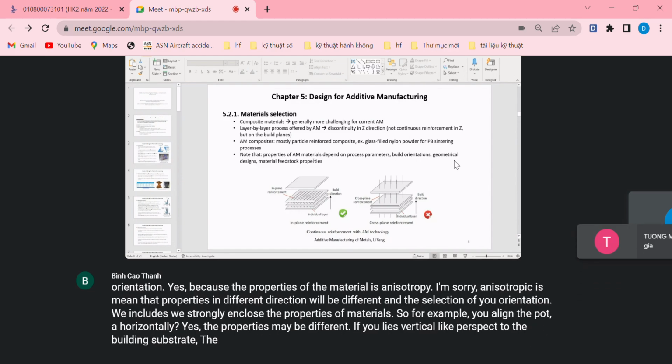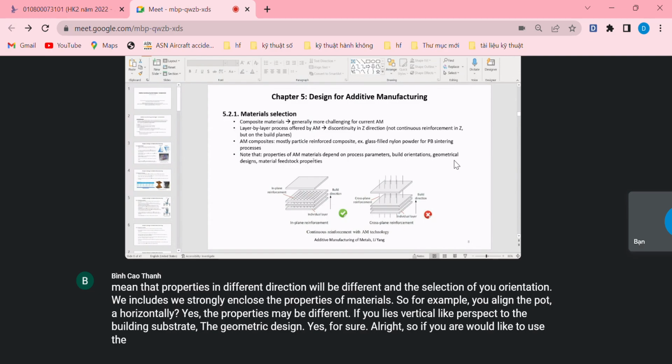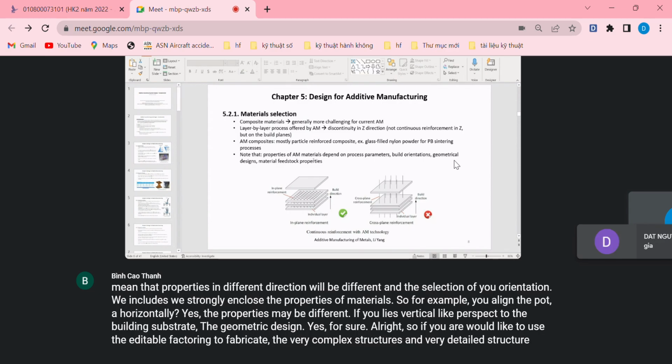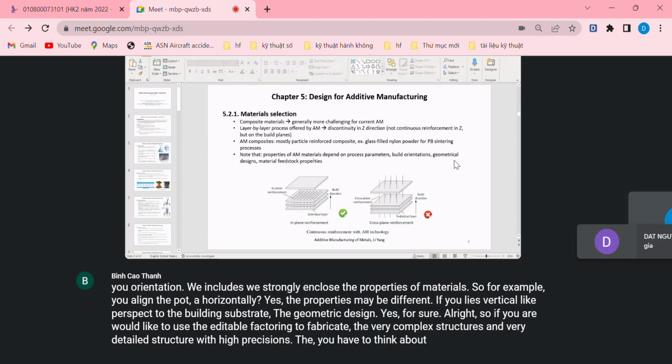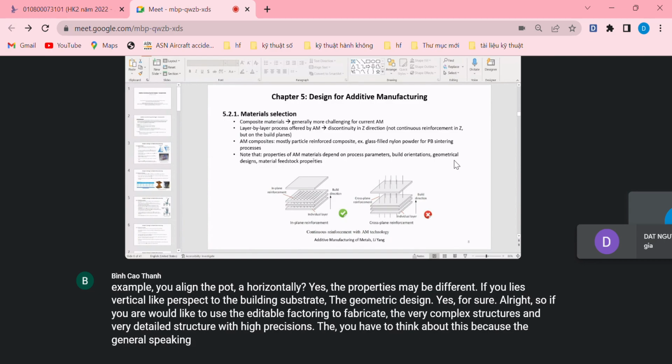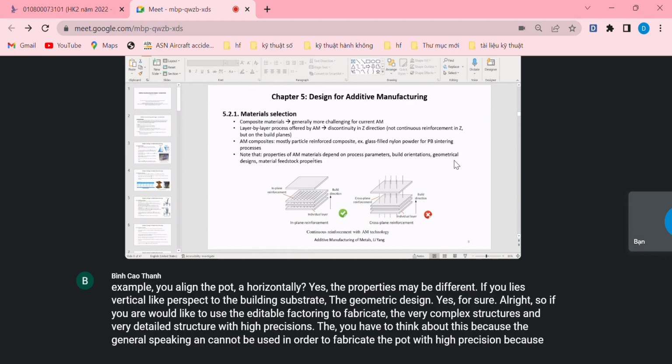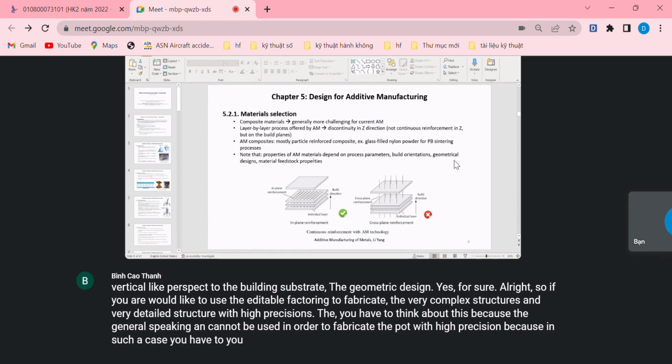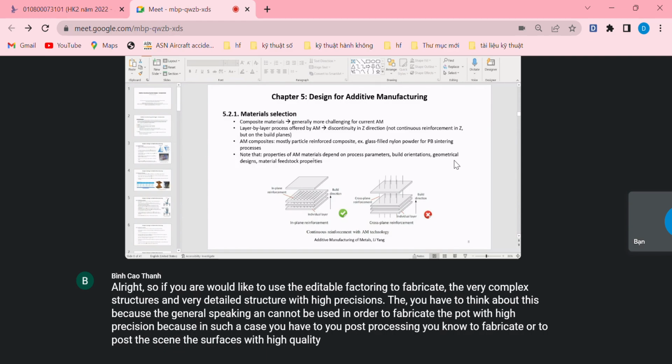The geometric design, yes, for sure. So if you would like to use additive manufacturing to fabricate very complex structures and very detailed structures with high precision, you have to think about this because generally speaking, AM cannot be used to fabricate parts with high precision, because in such a case you have to use post processing to post machine the surfaces with higher quality.